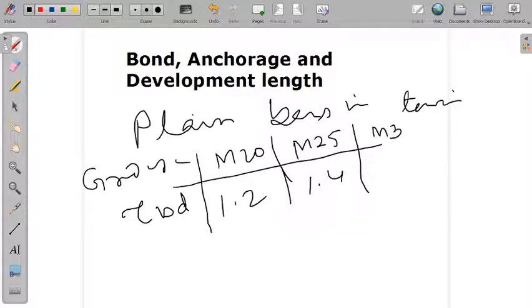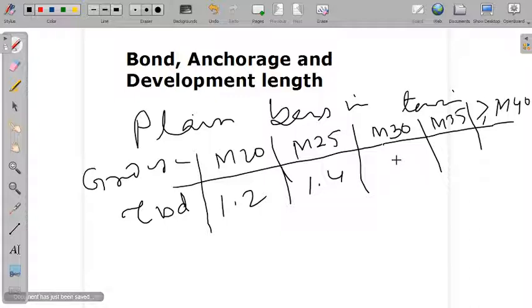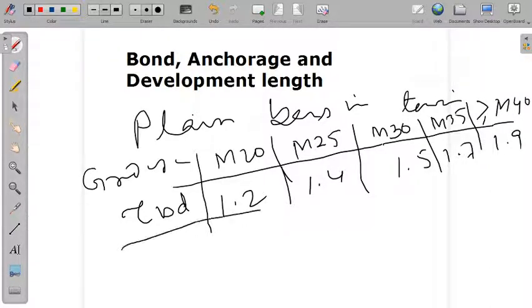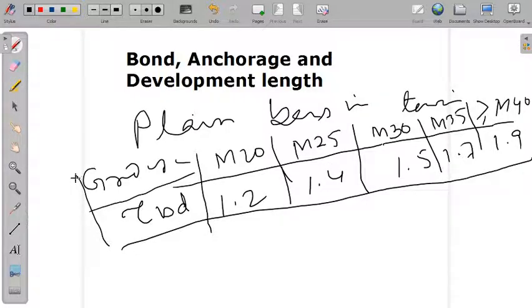For M30, let me complete it, then M35 and more than or equal to M40 grade concrete. For M30 it is 1.5, for M35 1.7, and for M40 the value is given as 1.9. So these are the design bond stresses for plain reinforcement, plain steel, that is basically Fe250 steel you can say, when the bar is under tension.